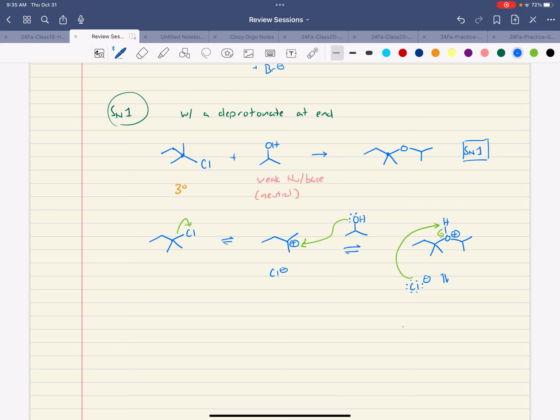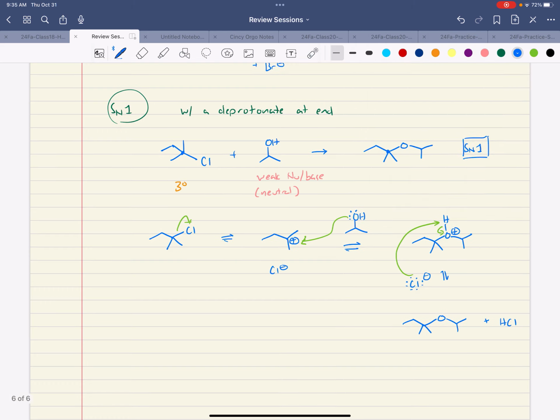And now we have our final product, plus what? HCl. Okay. If you don't remember that you had that Cl-, you could use another alcohol, and just deprotonate using that lone pair.